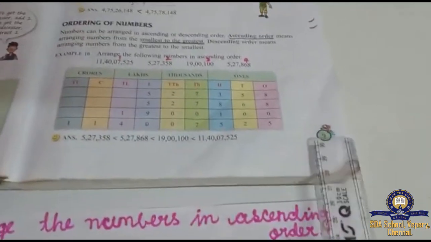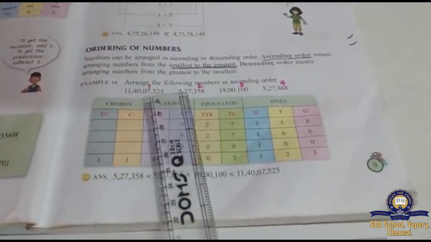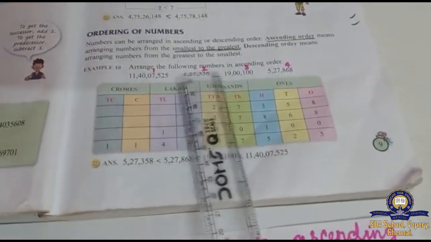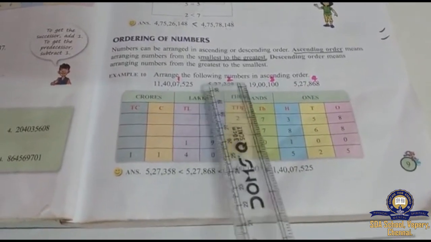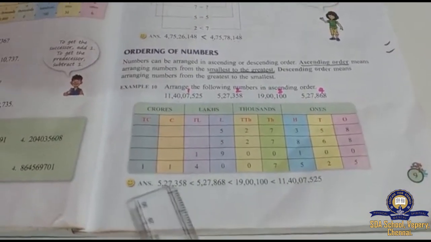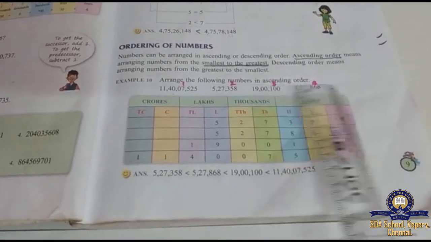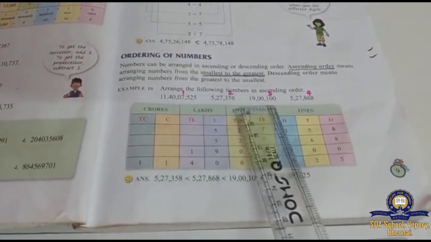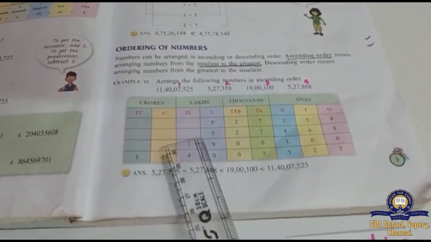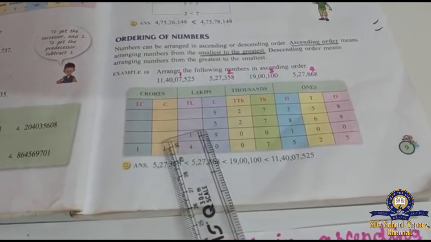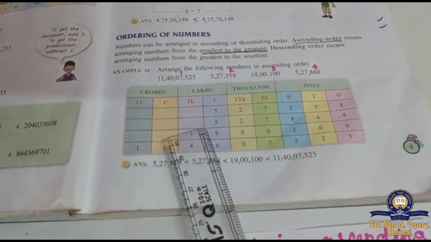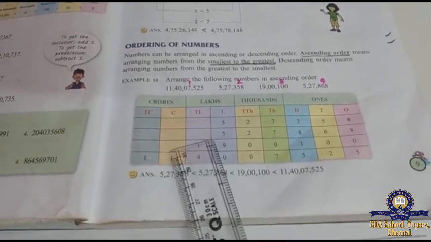Now page number 9. One example sum is given. Arrange the following numbers in ascending order. We are going to see this column for arranging the numbers in ascending order. 4 groups of numbers are given. We have to use the place value chart to arrange these numbers according to their value. Let us do that.